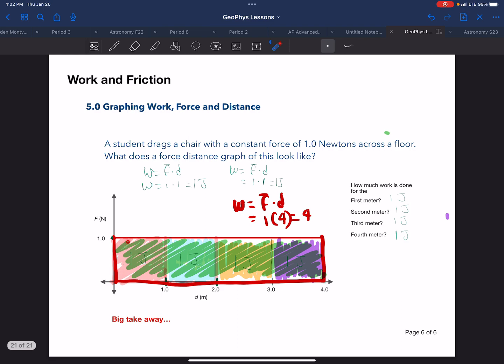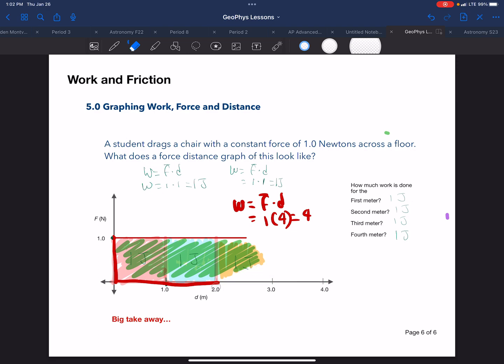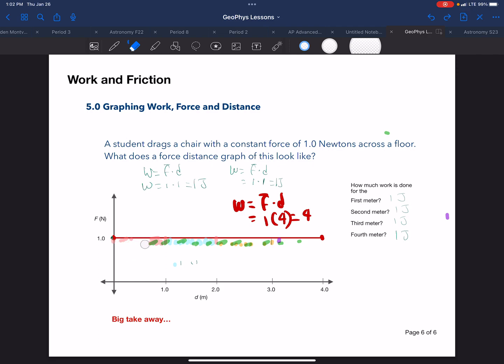As we were dragging it along, you could imagine now, as we are dragging it along, we're covering greater and greater distance. 0.5 meter, 1 meter, 1.5 meters, 2 meters, 2.5 meters, 3 meters, 3.5 meters, 4 meters.